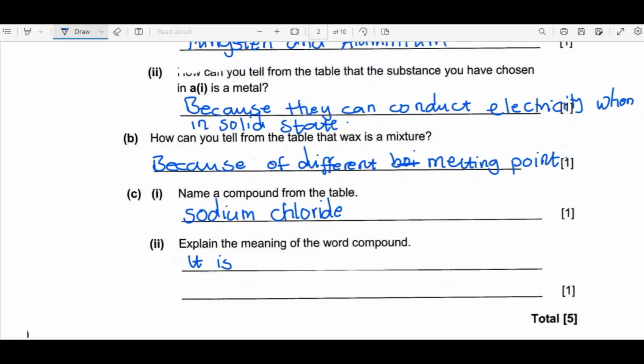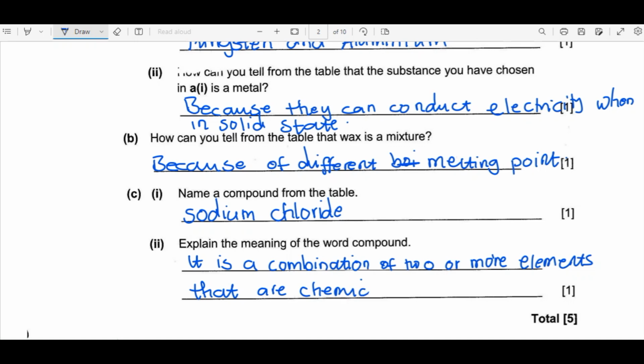It is a combination of two or more elements that are chemically combined. So the key is chemically combined, meaning the chemical means in terms of the bonding.